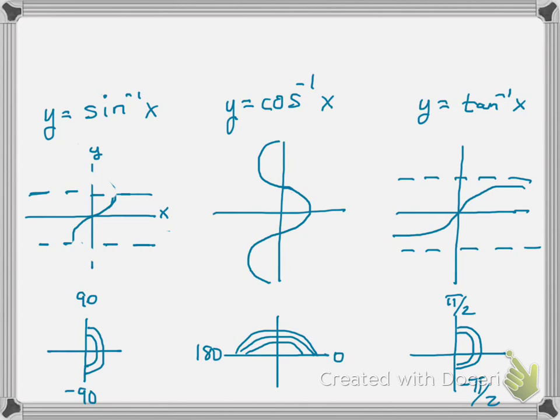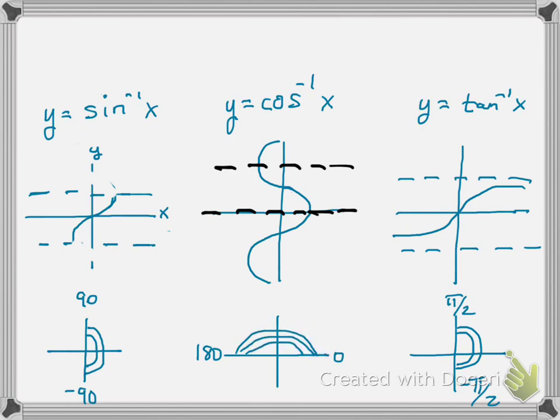It doesn't pass the vertical line test, so this one got restricted from here to here. So now this graph is restricted from 0 to 180 degrees. And so that's why an inverse cosine problem, you only give answers as far as the unit circle is concerned. You would give answers between 0 and pi, only quadrants 1 and 2.